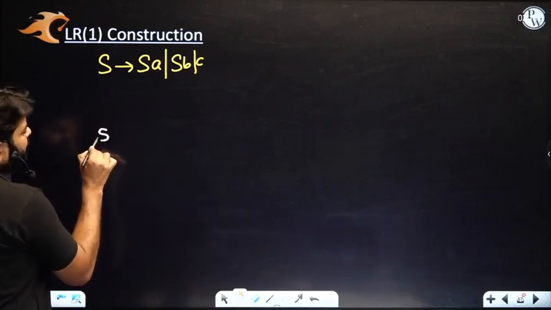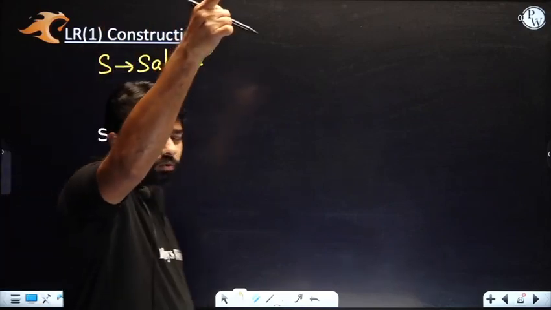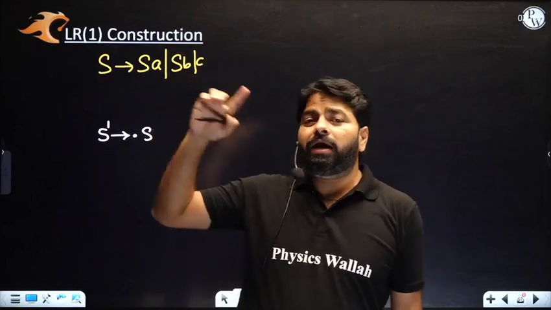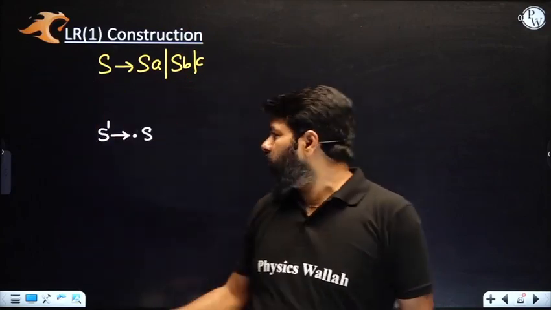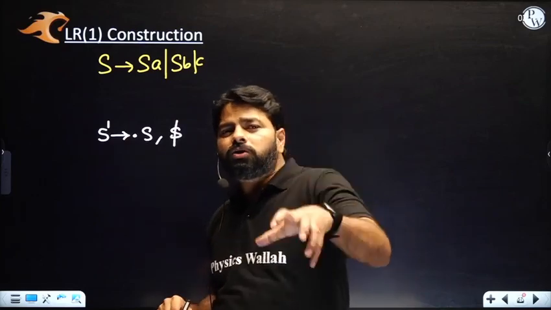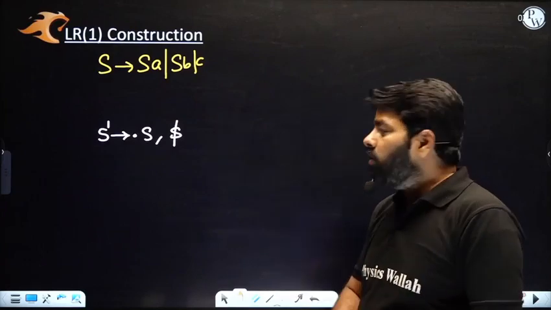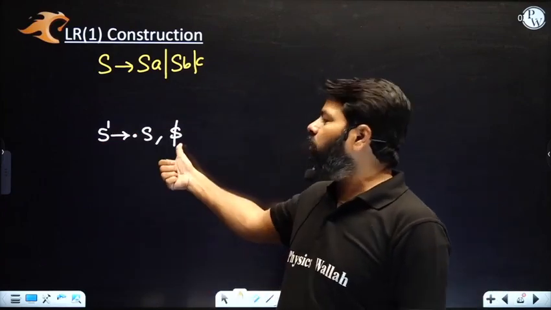We always begin with S' derives dot S. In LR0 that is all, but in CLR1 and LALR1 you keep a dollar here, because you maintain the lookahead along with the production. So we have two parts now, the actual part and the lookahead part.